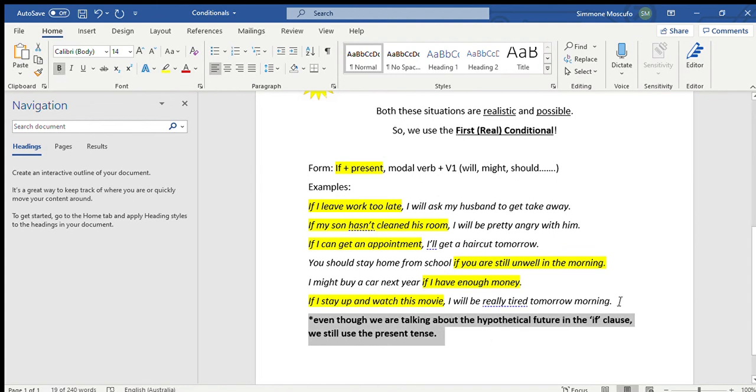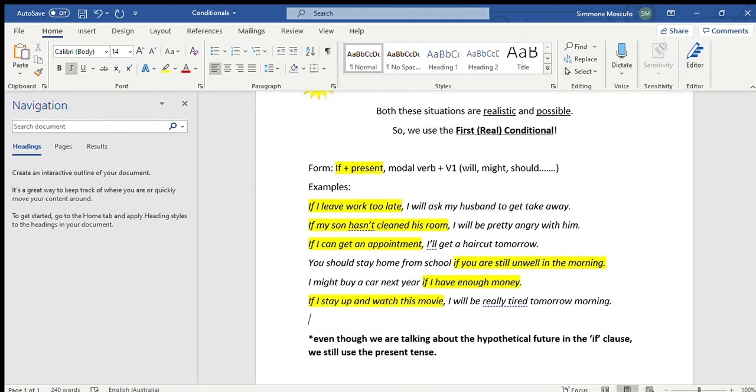And often before students learn about the conditionals, they make a mistake and they often will use if plus the future, okay? But you've got to remember that with the first conditional, we use if plus present, okay? And it can be simple present, present perfect, present continuous, yeah, and many things.